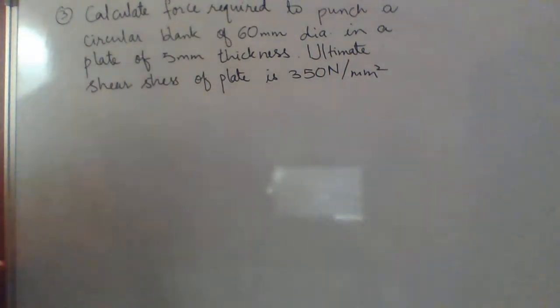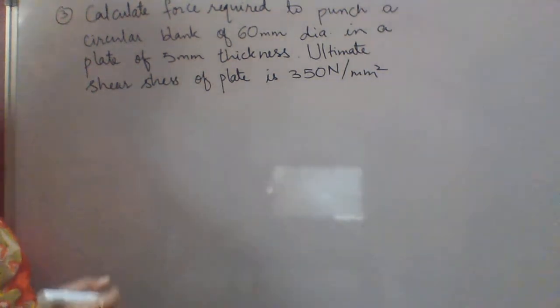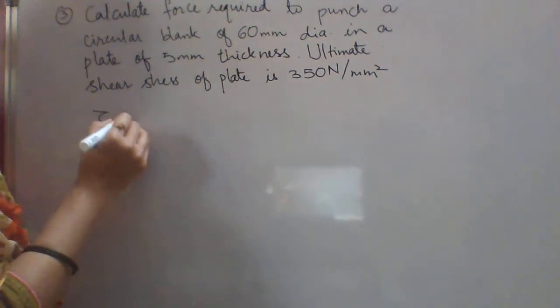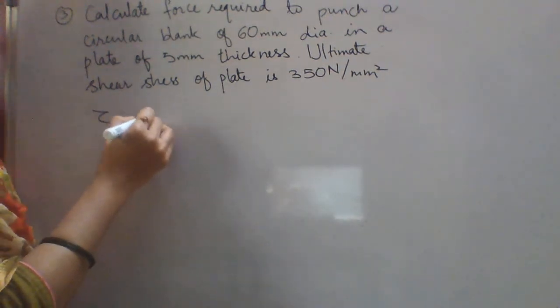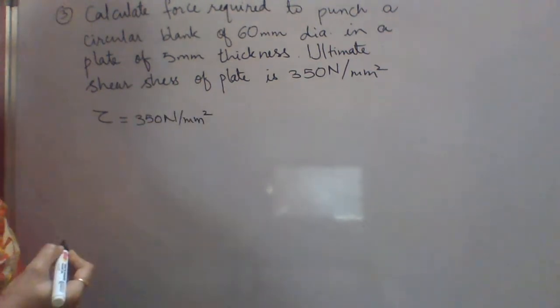Calculate the force required to punch a circular blank of 60 millimeter diameter in a plate of 5 millimeter thickness. The ultimate shear stress of the plate is given as 350 Newton per millimeter square. The tau for the plate material is given as 350 Newton per millimeter square.